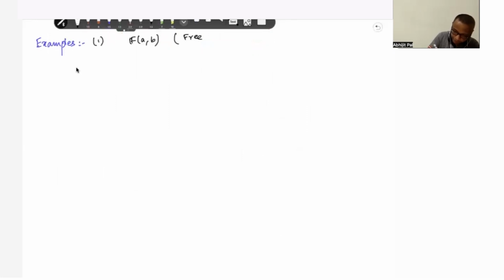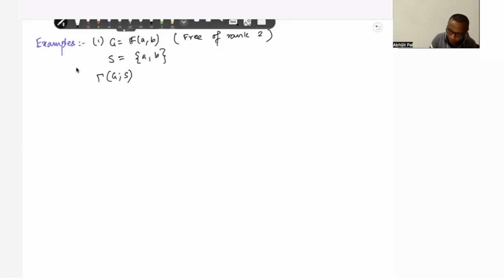So G is this free group of rank 2. The generating set is a, b. And now I want to draw this Cayley graph.